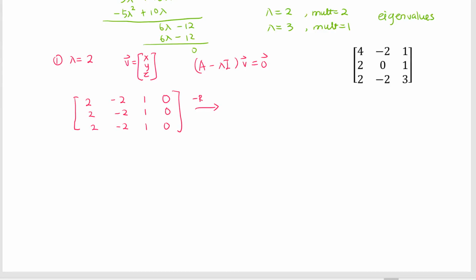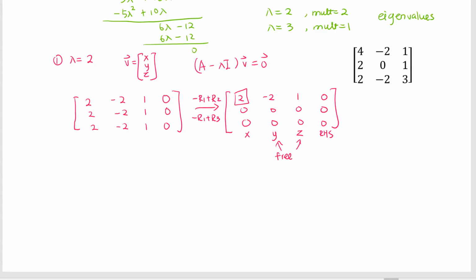So we can use minus R1 added to row 2, minus R1 added to row 3. So we have 2, minus 2, 1, zeros. Ooh, they're all 0. Nice. Okay, what does that mean? Well, this is x, this is y, this is z, this is the right-hand side. So the leading entry is this 2. So you can see y and z are free variables.